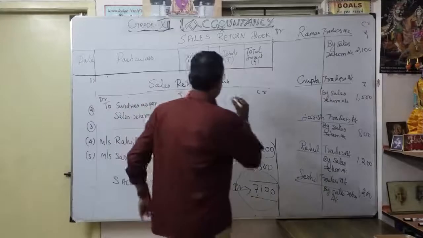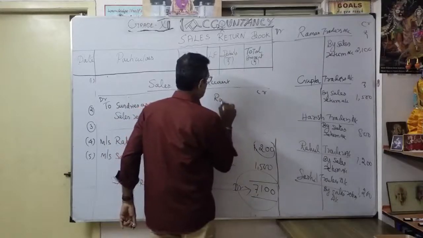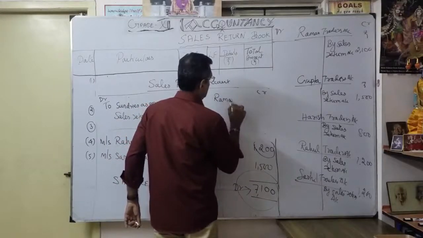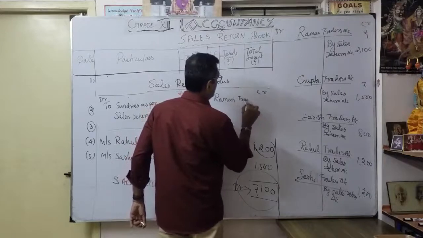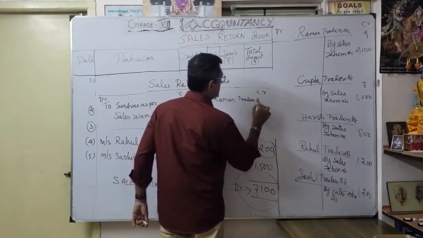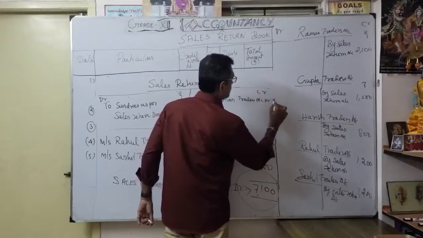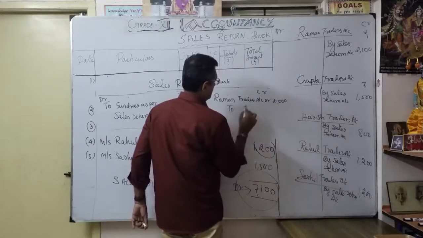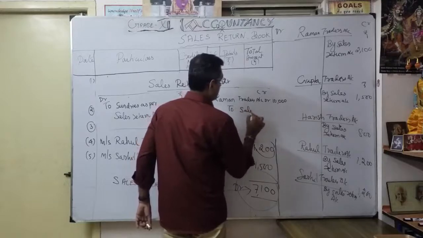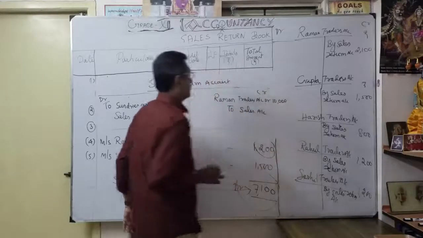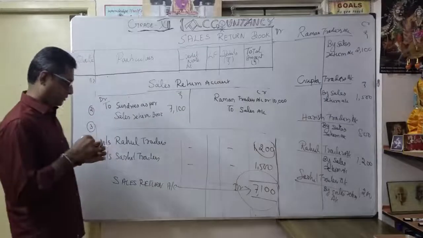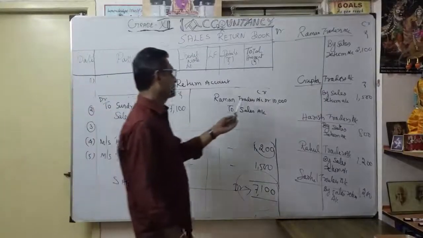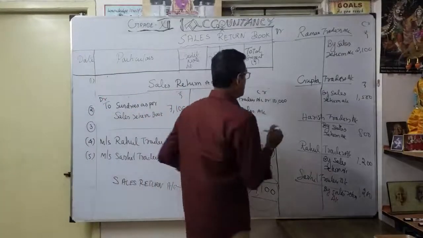So I write the journal entry: Raman Traders account debit, 10,000, to sales account. Raman Traders account debit to sales account 10,000.